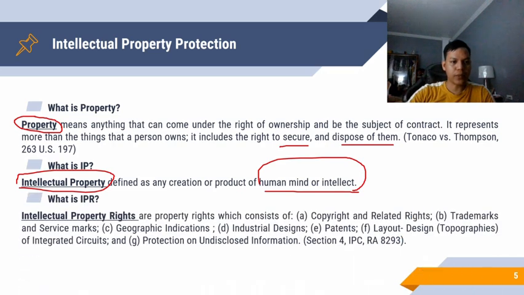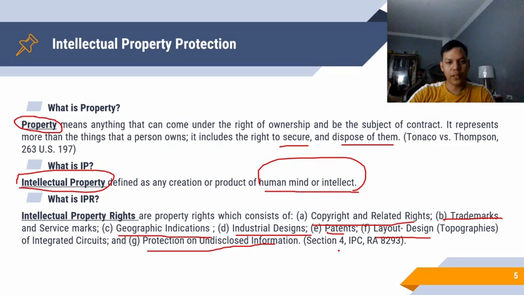IPR, or intellectual property rights. So the IPR are property rights which consist of copyright and related rights, trademarks and service marks, geographic indication, industrial design, patents, layout design or topographies of integrated circuits, and protection on undisclosed information.